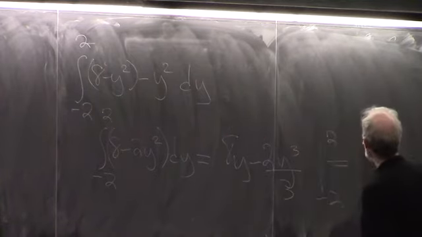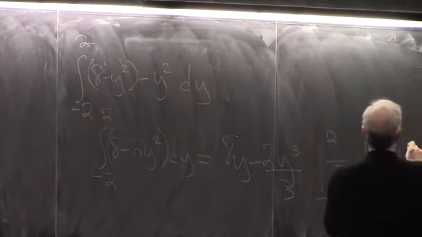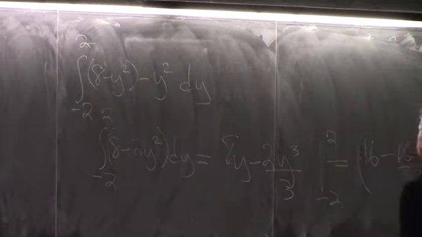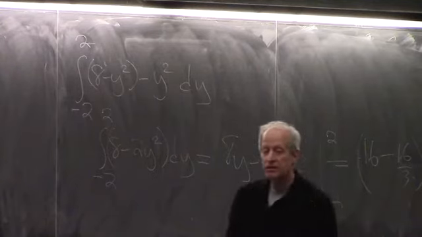So you plug in 2 and you get 16 minus 16 thirds, minus (minus 16 plus 16 thirds). So these two are not the same. So it becomes 32 thirds plus 32 thirds, or 64 thirds.